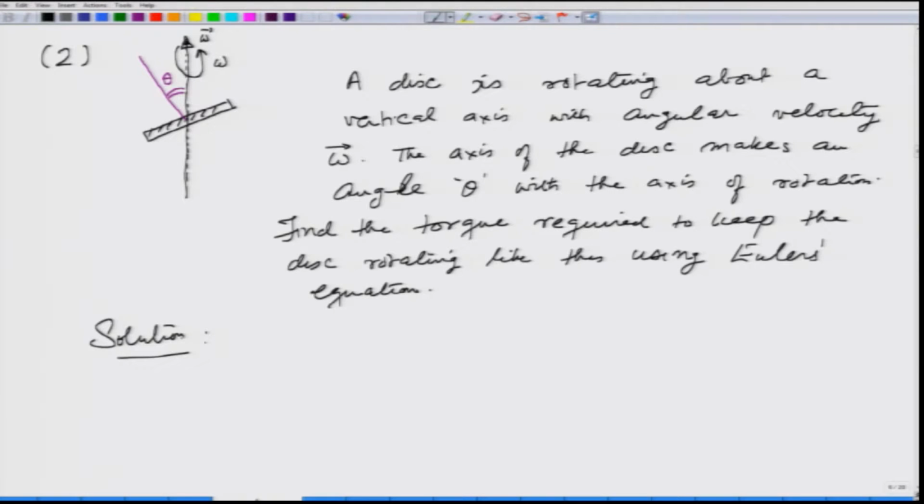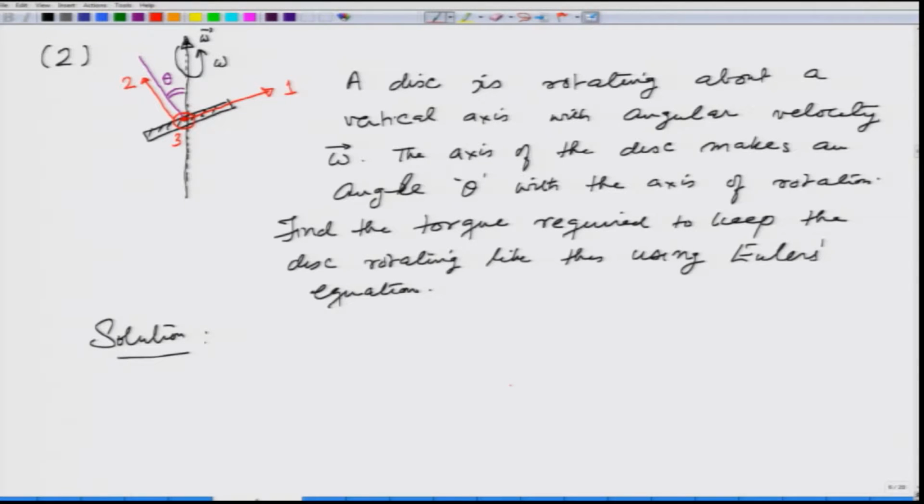To apply Euler's equations, I first need to identify the principal axes. So, I am going to take axis 1 along one of the diameters, axis 2 along perpendicular to the disc, and therefore, axis 3 is going to be coming out of the page at this position.